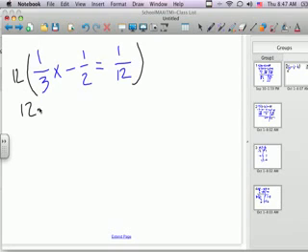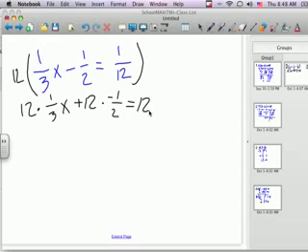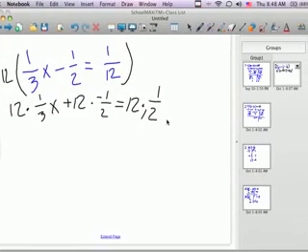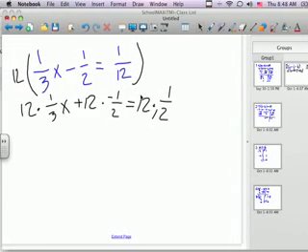So if I write it out and show my multiplication, I've got 12 times 1/3 x, and I have 12 times negative 1/2 equals 12 times 1/12. Now, there's a rule when I distribute out fractions, and the rule is real simple.